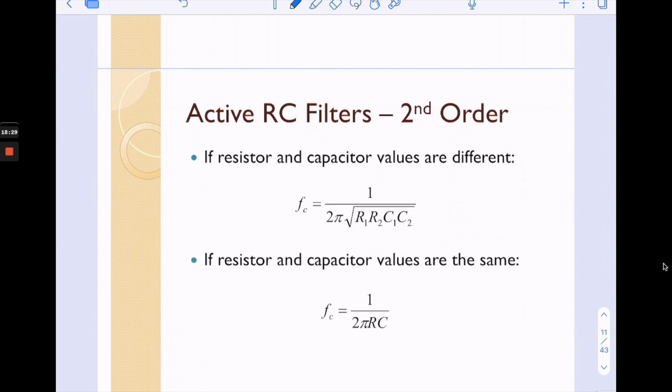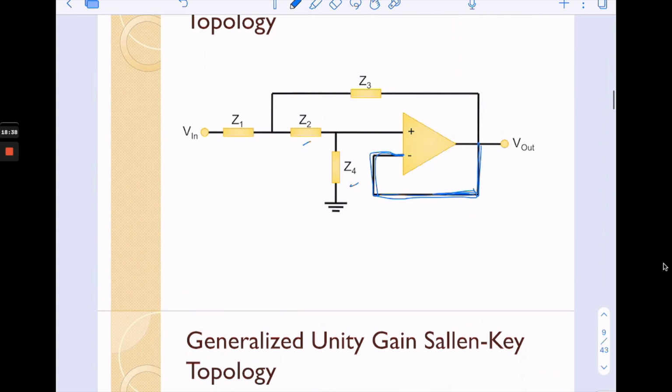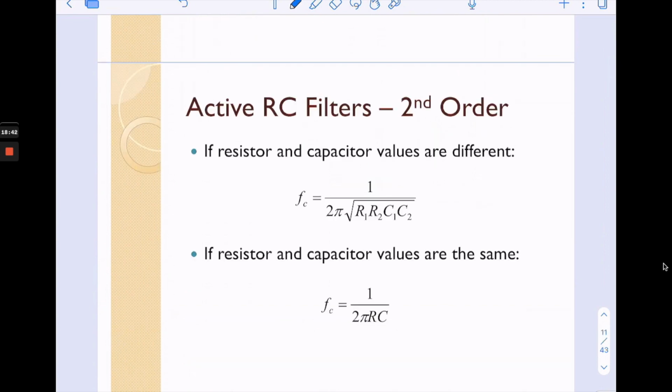Sometimes we can use different values of resistor and capacitor in this Sallen-Key topology. When we do that, we can calculate the cutoff frequency, which is given by 1 over 2 pi times the square root of R1, R2, C1 and C2.